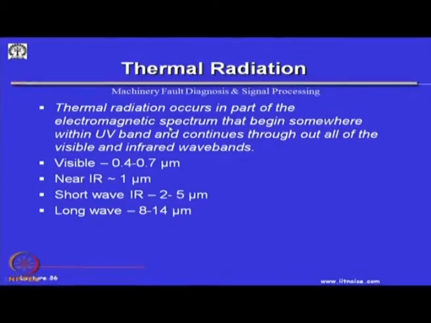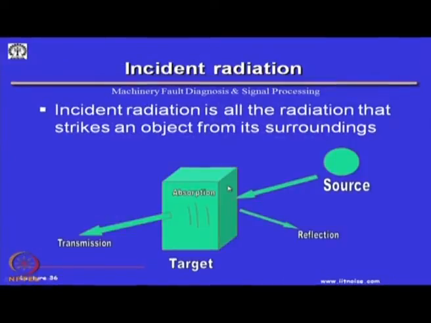Thermal radiation occurs in the part of the electromagnetic spectrum that begins somewhere within the UV band and continues throughout all of the visible and infrared wave bands. Visible is about 4000 to 7000 angstrom, then near IR, short wave IR and long wave IR. These are the ranges of wavelengths of the infrared waves emitted from the body.